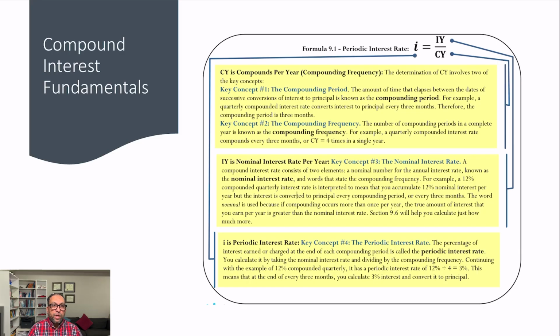Now, compound interest. It's very important when we are calculating the compound interest, what interest rate we have to apply, because normally the interest rates are given per year, annual. So we represent IY as the per year interest rate, and CY is the compounding per year.